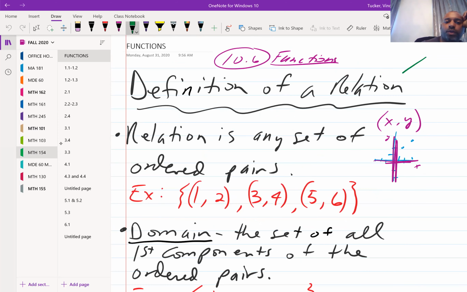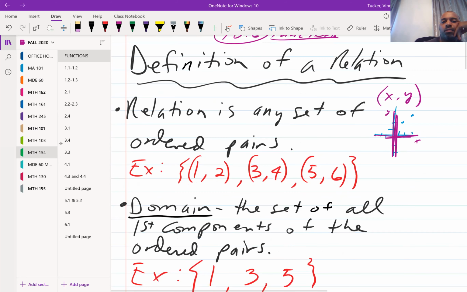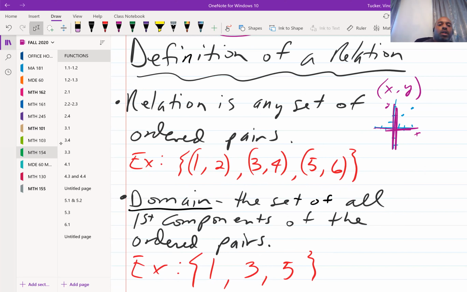First thing we're going to start off with is the definition of a relation. A relation is any set of ordered pairs. So an example I have here is (1, 2), (3, 4), (5, 6). You have 3 ordered pairs.